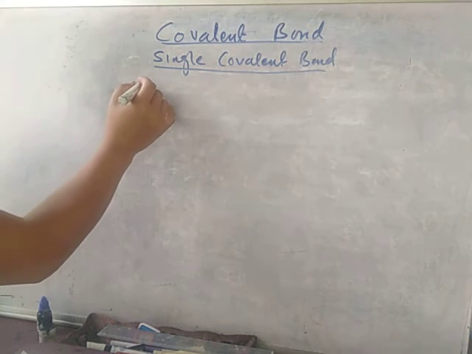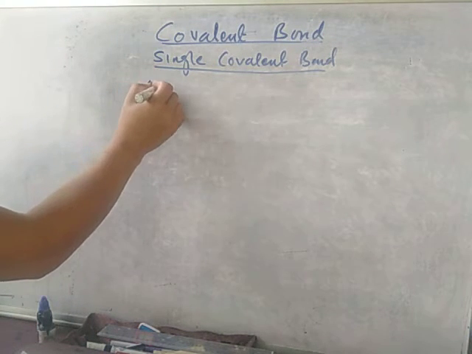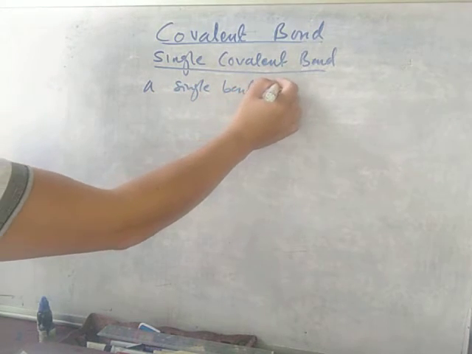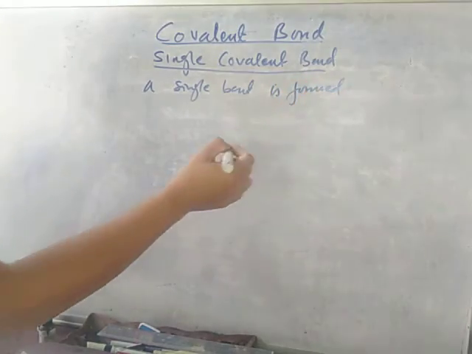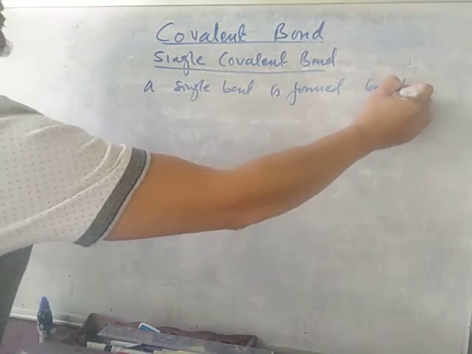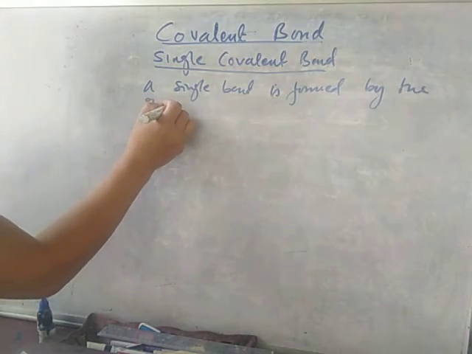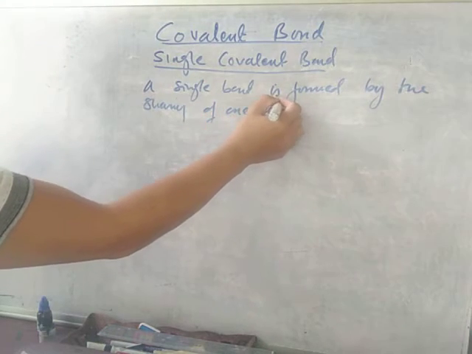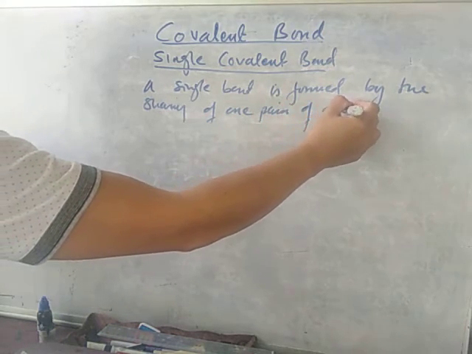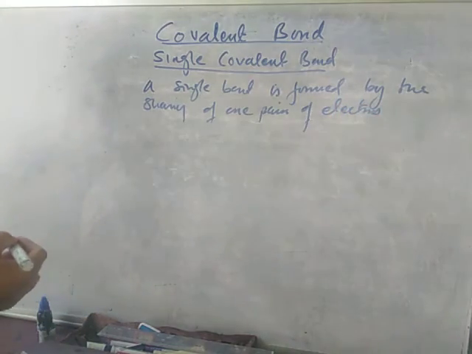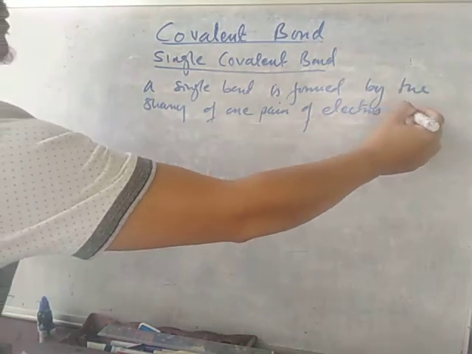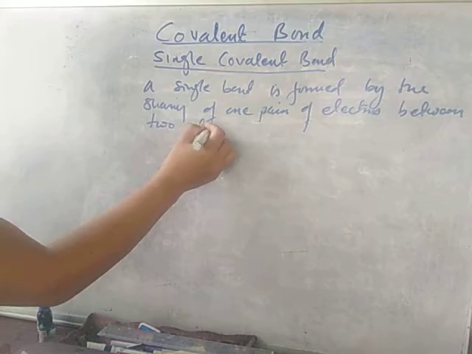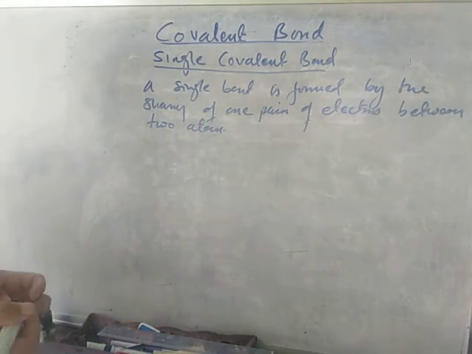A single bond is formed by the sharing of one pair of electrons between two atoms. The atoms may be the same element or different elements.